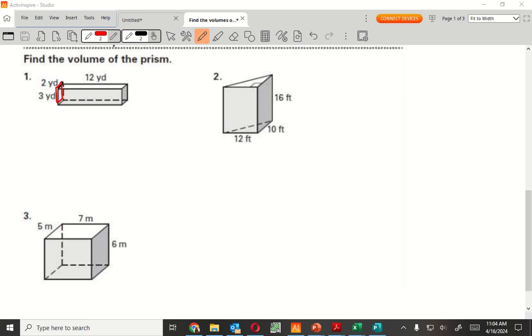So my volume is the area of this, which is 2 times 3, which is 6, times the height, 12. So 6 times 12 gives me a volume of 72. What are my units? Yards cubed.